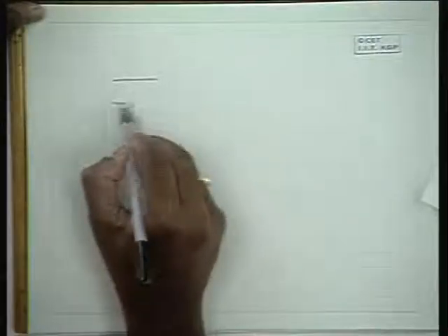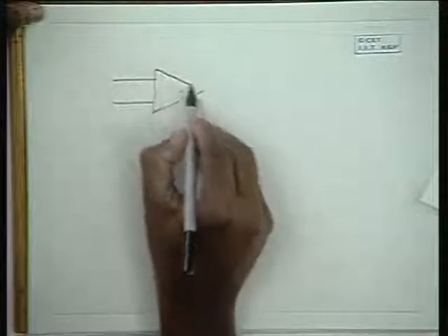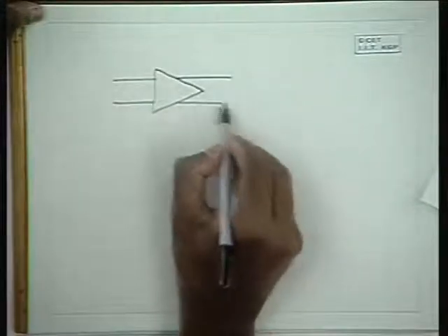So, this is about the differential amplifier, and please note that to increase the common mode rejection ratio in a practical circuit, we use many such stages of differential amplifiers. Here is a differential amplifier. You get the differential outputs here.